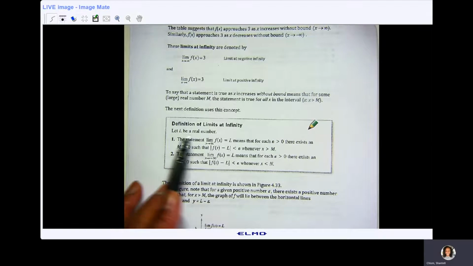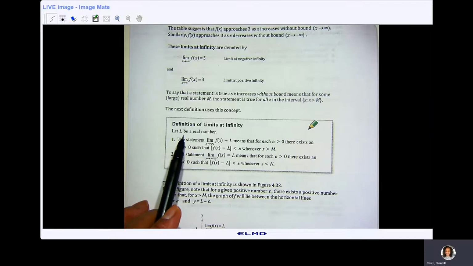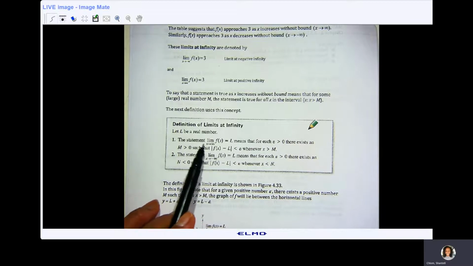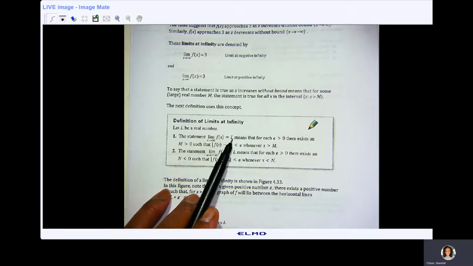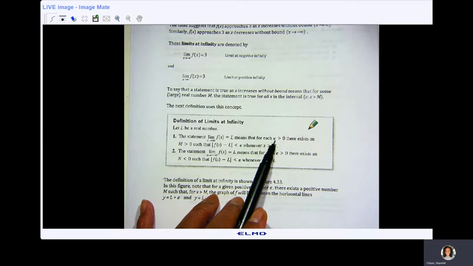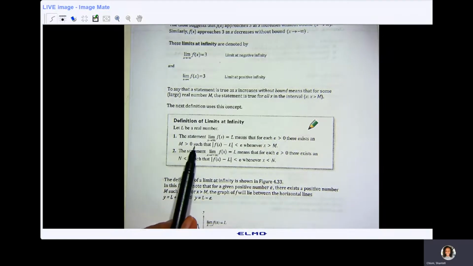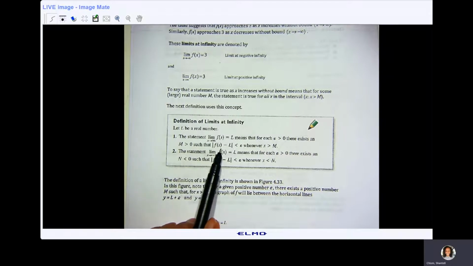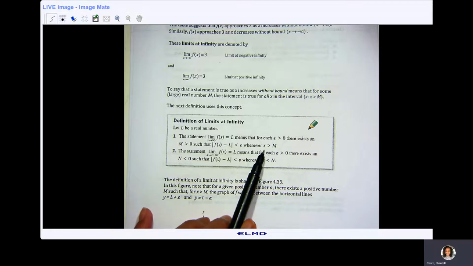Let L be a real number. The statement, the limit as x approaches positive infinity of f of x equals L, means that for each epsilon greater than 0, there exists an m greater than 0 such that the absolute value of f of x minus L is less than epsilon whenever x is greater than m.